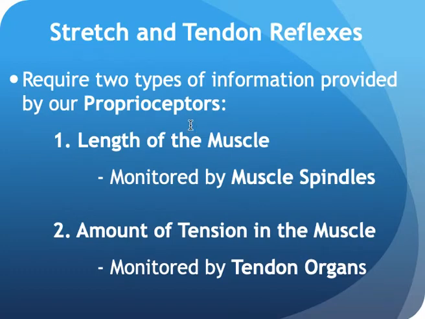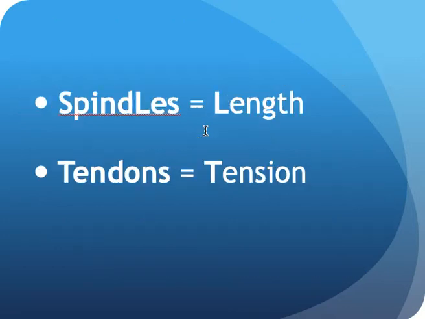So these are just specific types of proprioceptors that are monitoring what length my muscle is, and how much tension my muscle is absorbing at this particular time. All right, so these are easy to remember because spindle has that L in there, so it's going to monitor muscle length, and then tendons has a T, and they're going to monitor tension.